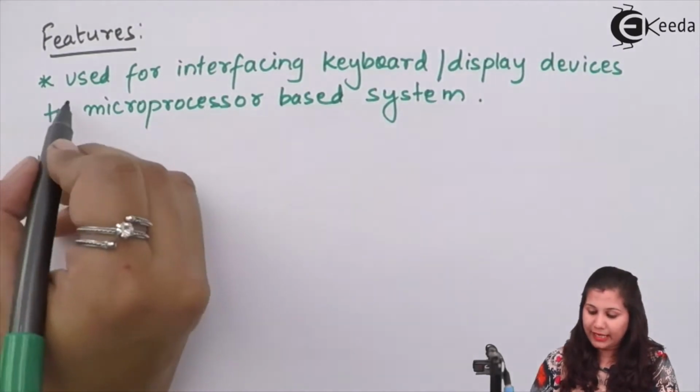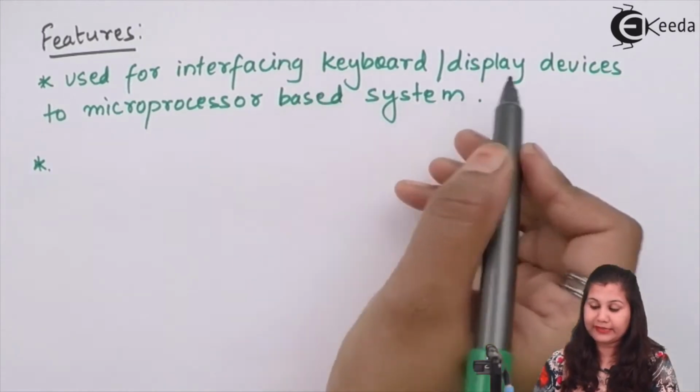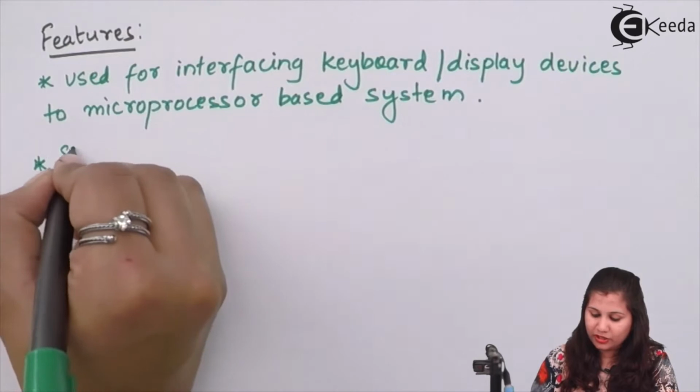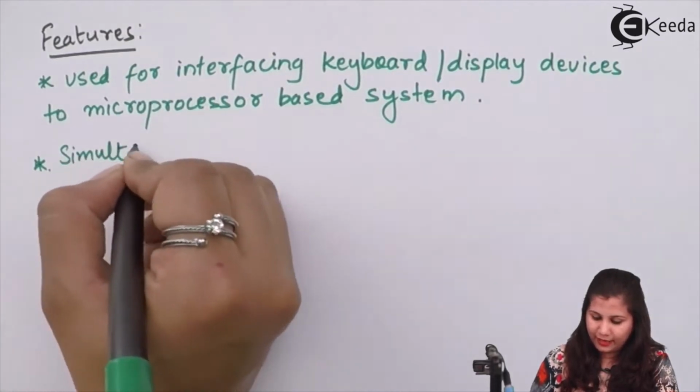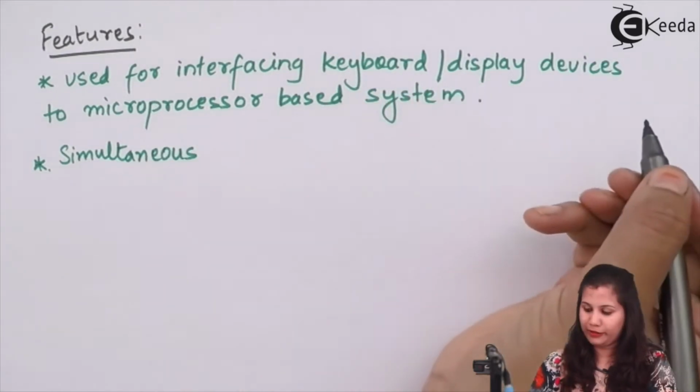So we can say that it is interfacing both the keyboard and the display devices to the microprocessor based systems. Its feature is that it can have simultaneous keyboard and display operations.